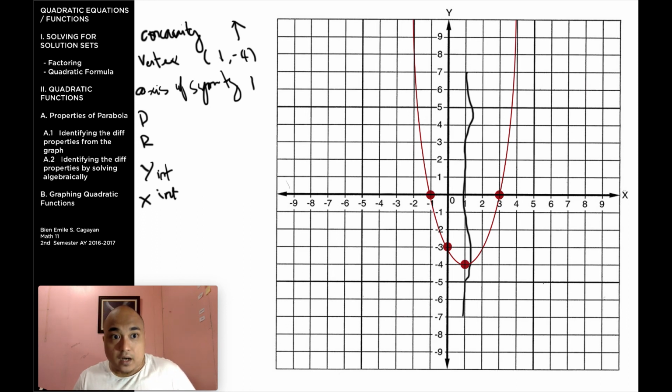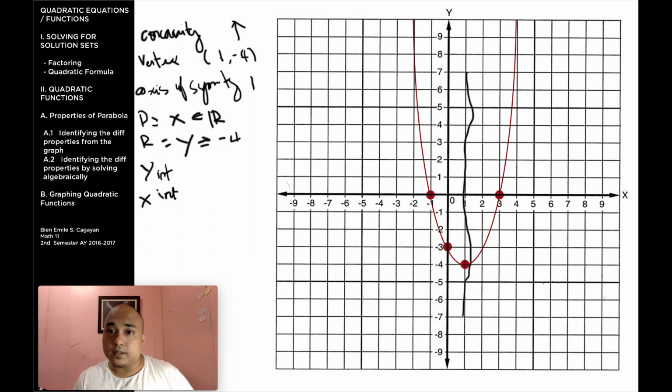The domain is all possible values of x. If you look at the parabola, it's infinite, so x is an element of all real numbers. Y, however, we have a limit here. The minimum point is -4, so our range is the values of y greater than or equal to -4.